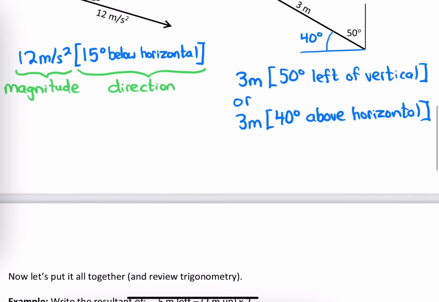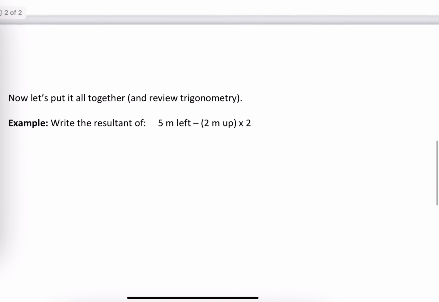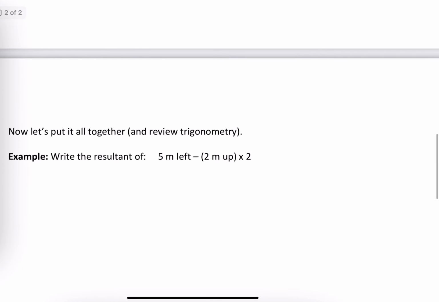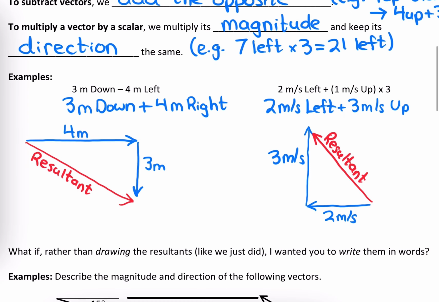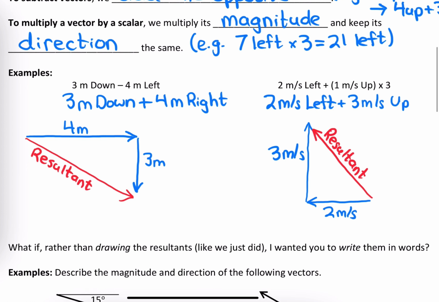Okay. So let's try and put this all together. Here we did some stuff where we did a little bit of math with some vectors. We found different ways we could write vector math. And we reminded ourselves that adding vectors was putting them head to tail, and the resultant went start to finish.